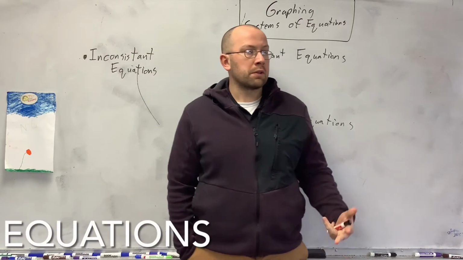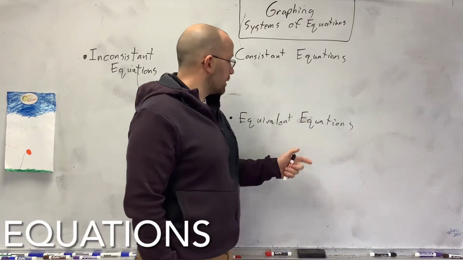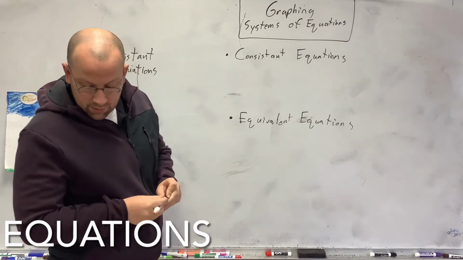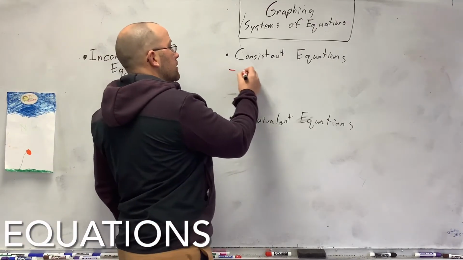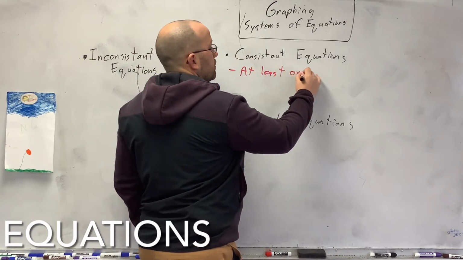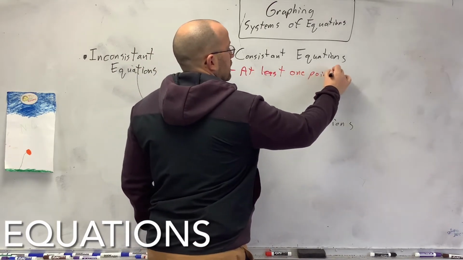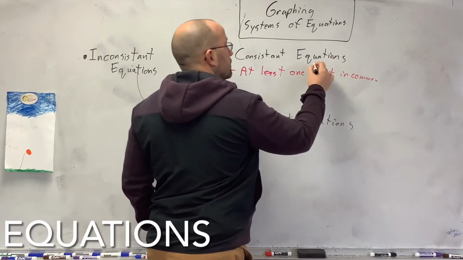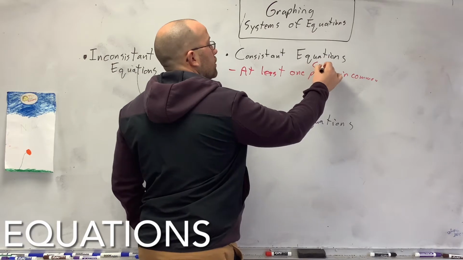Alright, the first three things we need to know are consistent equations, equivalent equations, and inconsistent equations. So a consistent equation is you have at least one point in common. By point, it means ordered pair, so your xy point.